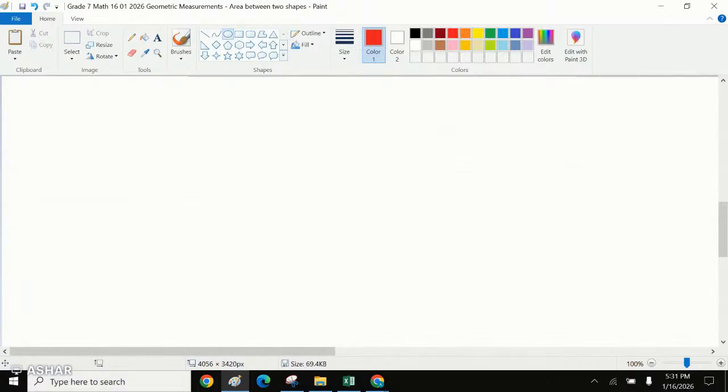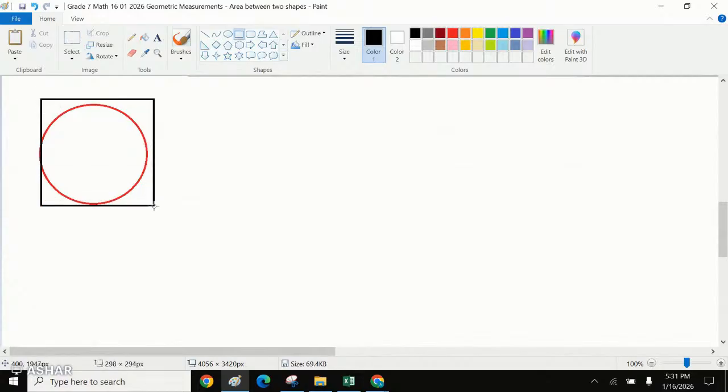If I have a circle, we need to find the shaded area between a circle and a square. Okay, let's just complete this. We'll do this question the other way around also, just to see the logic and the difference.